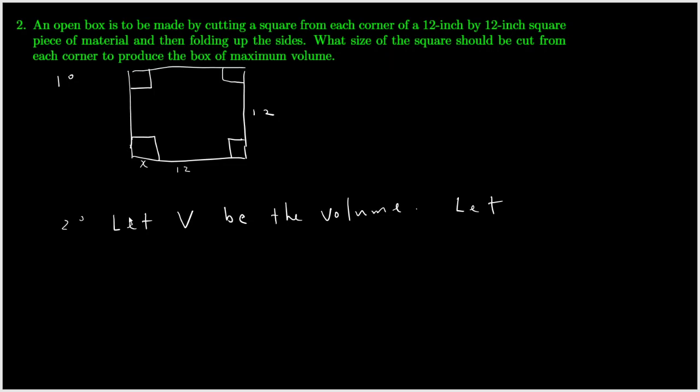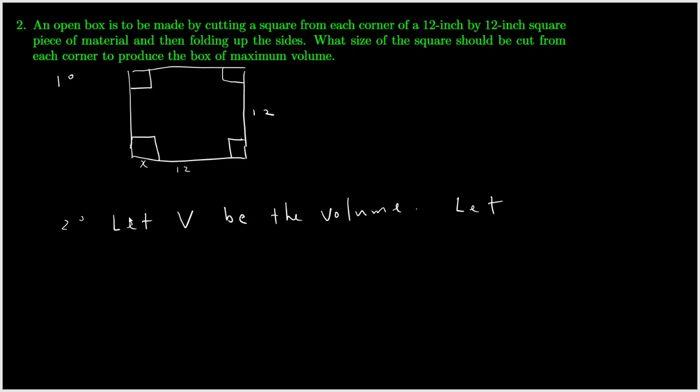And then the quantity you want to maximize depends on what other quantity? What quantity will determine the volume? At this point, volume is an unknown number, a variable. If you cut off different sizes of the squares, the resulting volume is going to be different.